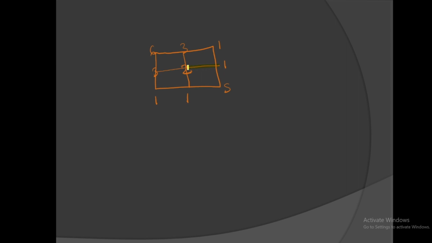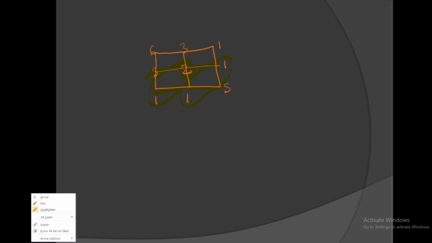Say in this rectangle, adding this, we are getting this. Are you seeing it? Again, in this rectangle, adding this, we are getting 3. 2 plus 1 is 3, right?